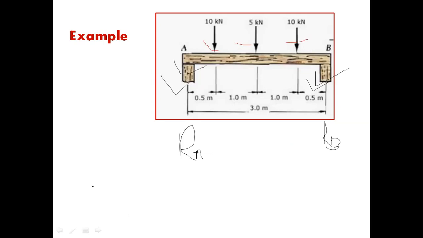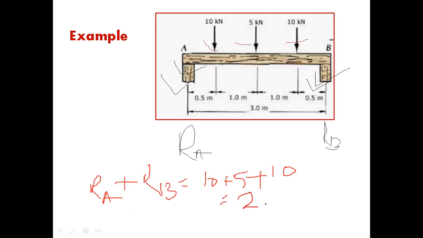So here we can easily write RA plus RB is equal to how much? RA plus RB is equal to the total load. That means 10 kilonewtons plus 5 kilonewtons, and again 5 kilonewtons, 10 kilonewtons. So therefore it is 25 kilonewtons.